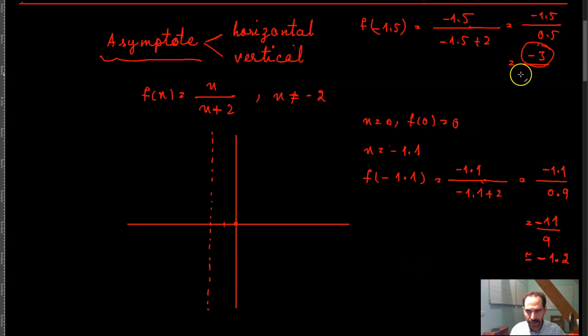As you can see, the value of y is getting smaller and smaller as you get closer and closer to negative 2. For negative 1.1, your output is about negative 1, about here. But for negative 1.5, your output goes to negative 3, which is somewhere over here.